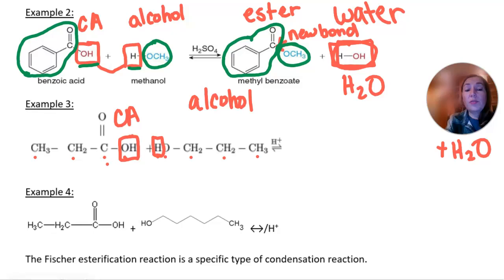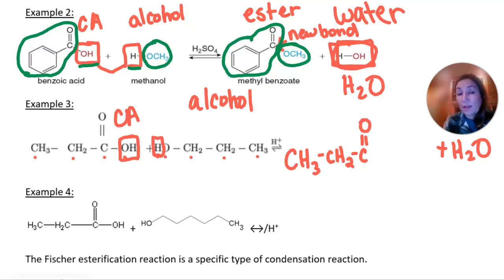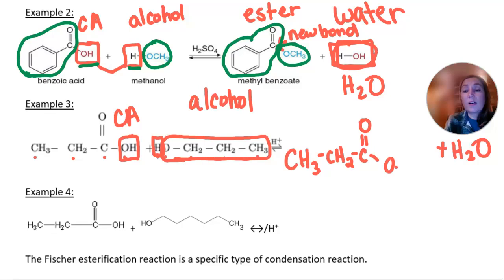Then we're going to copy the carboxylic acid, CH3, CH2, bonded to a C, double bonded to an O. That's the first half of our ester. The other half is our alcohol's oxygen and everything that follows it, so our alcohol's oxygen followed by CH2, CH2, and CH3.